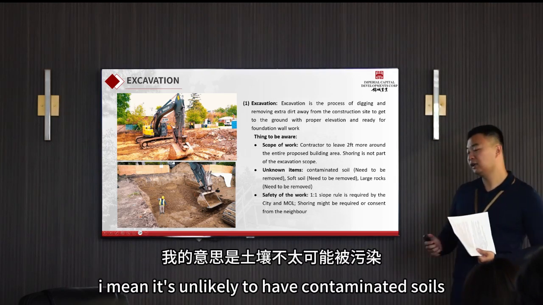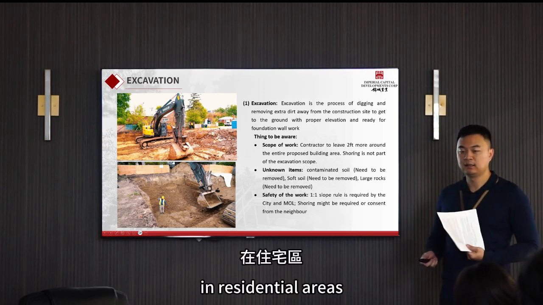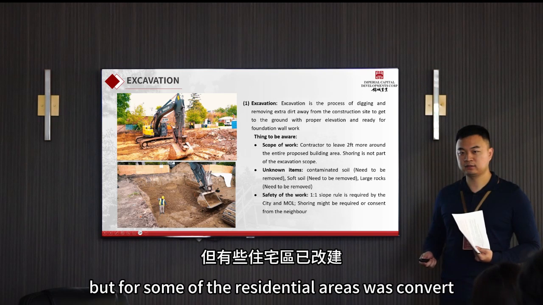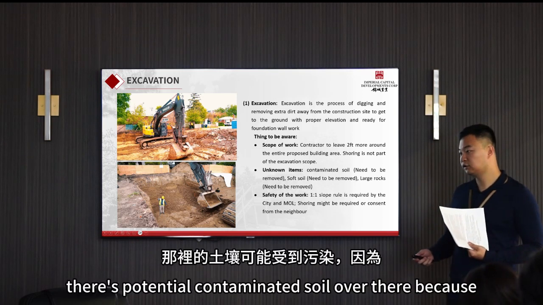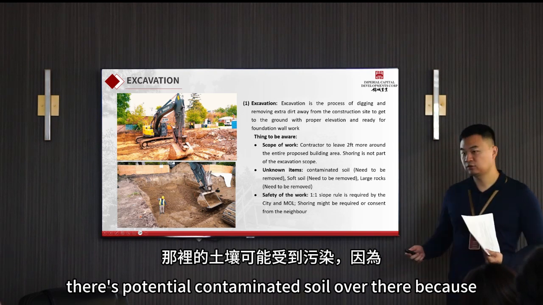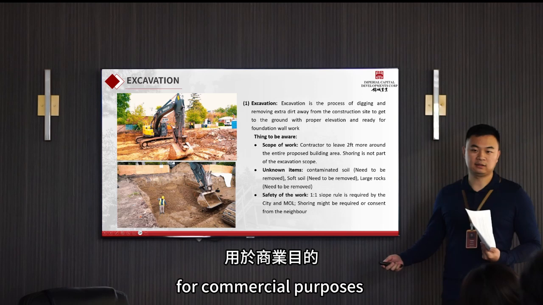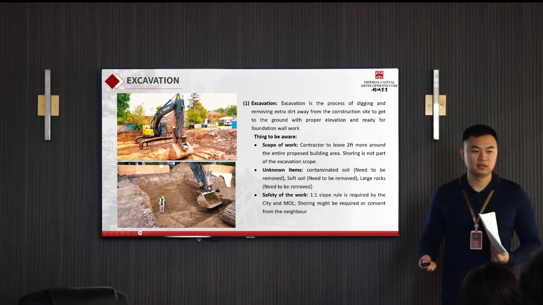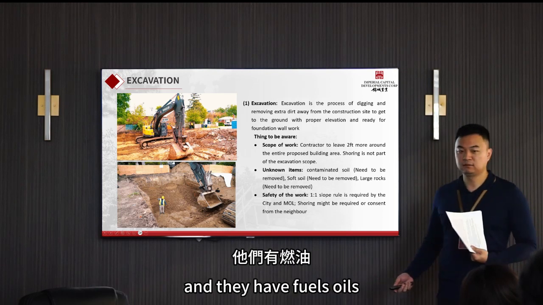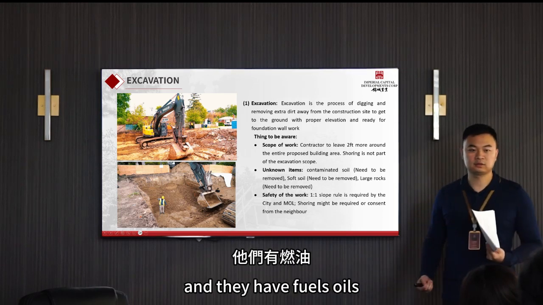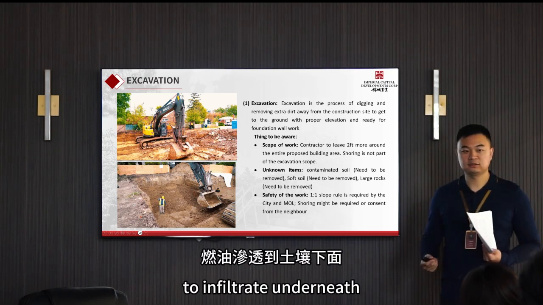It's unlikely to have contaminated soil in residential areas, but some residential areas were converted from commercial land, so there's potential contaminated soil, because for commercial purposes, the property could have been used as a gas station or an auto shop, with fuels and oils infiltrating underneath the soil every day.